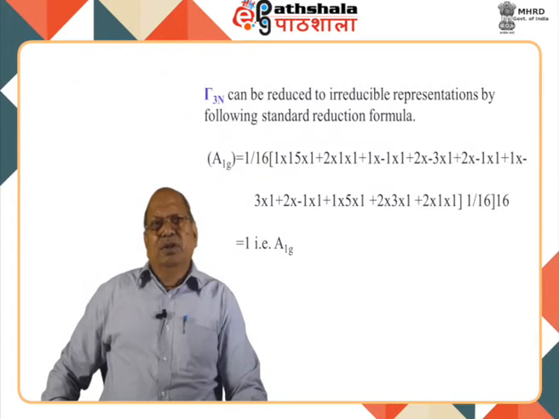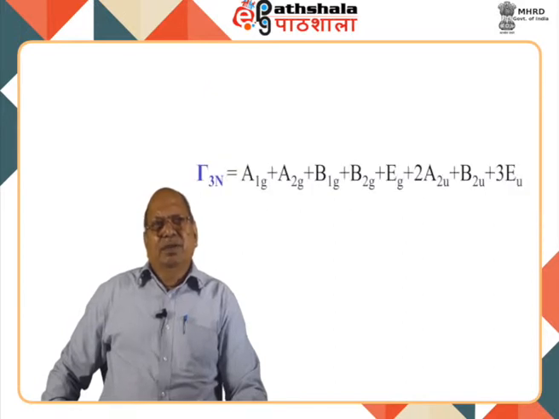Now, this tau 3N can be reduced to irreducible representations by following the standard reduction formula. That is, in this D4h point group, what are the various irreducible representations that are present in this, and after reduction the result comes out to be A1g, A2g, B1g, B2g, Eg, 2A2u, B2u, 3Eu.